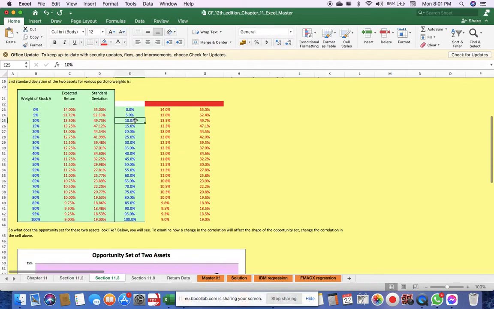So now nowhere is the formula visible; the data table is ready.